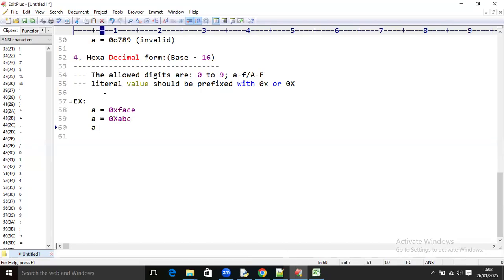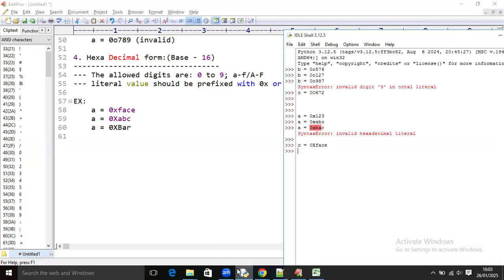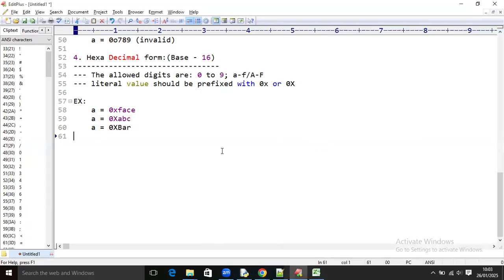And a equal to, here we have to write one invalid condition, that is 0x bar, because r will not be allowed, it will give a syntax error.